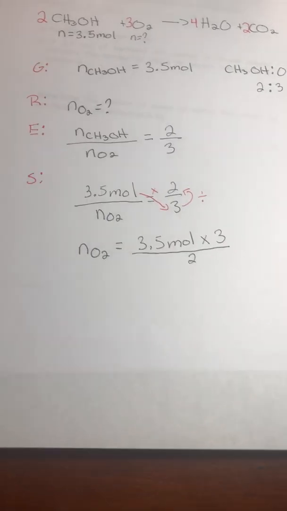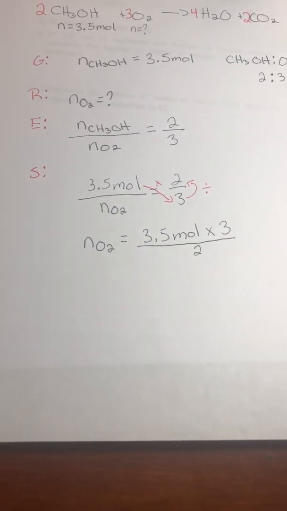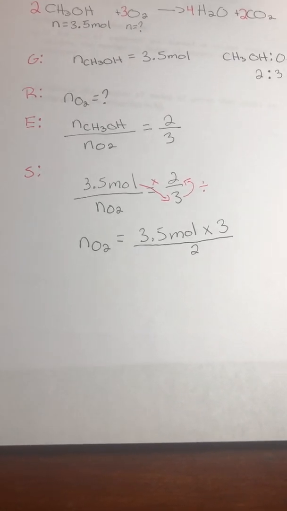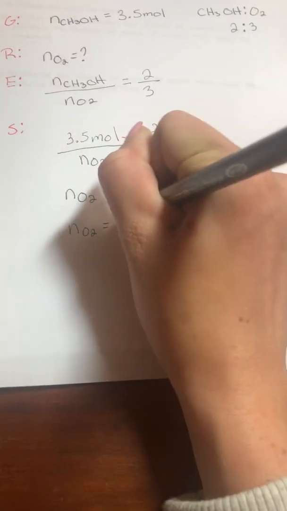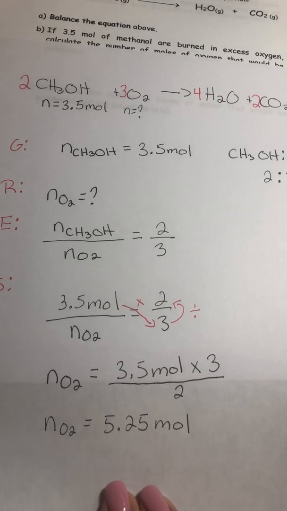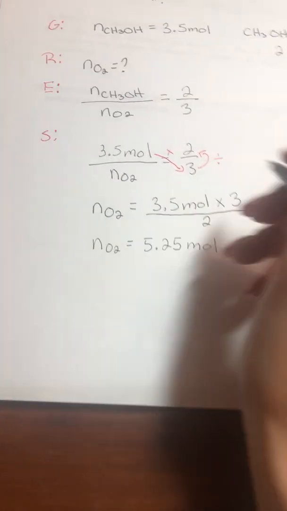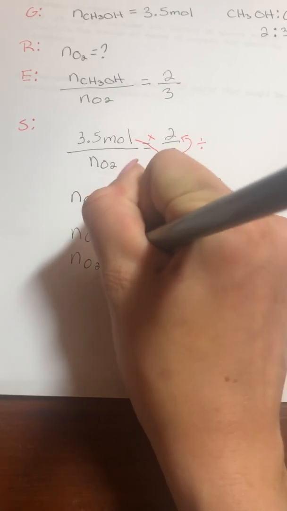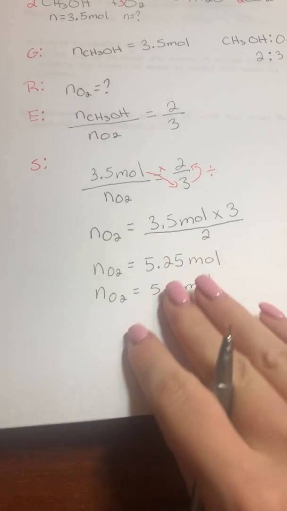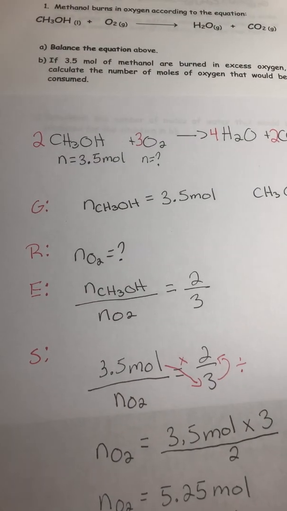We get 5.25 moles. Okay, in our question we have 2 sig digs, so I need to make this 2 sig digs, so I get 5.3 moles. Okay, so that is part B. Let's move on to part C.